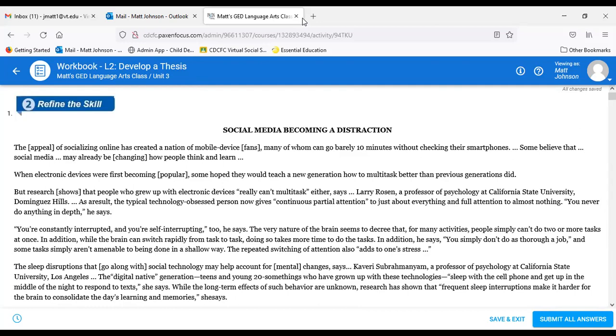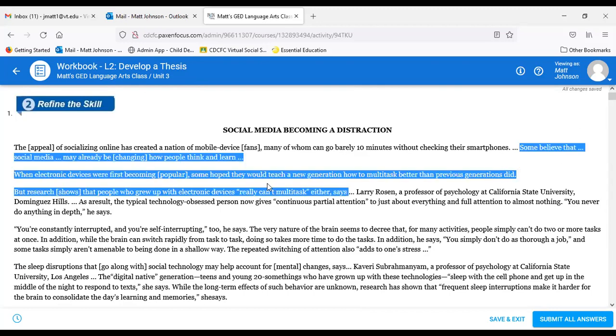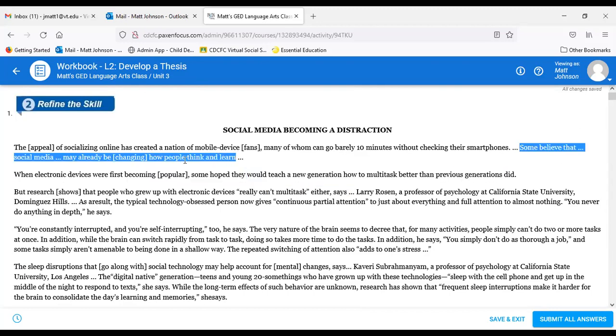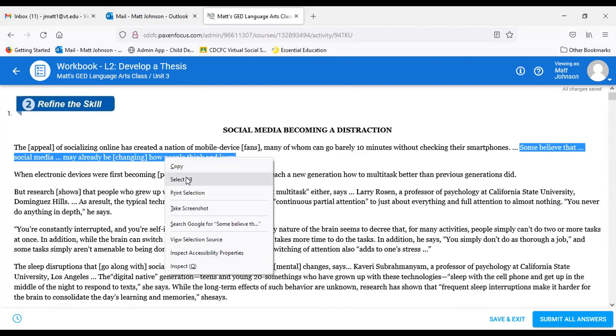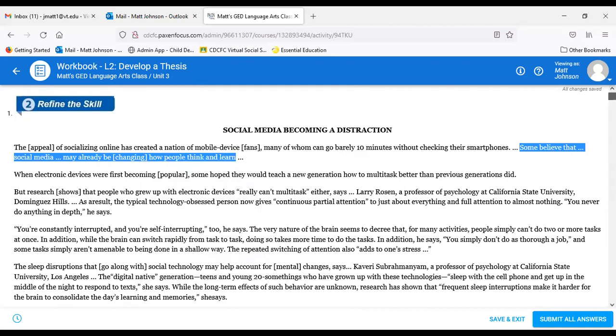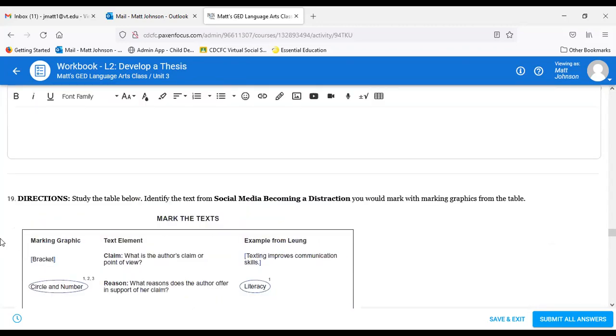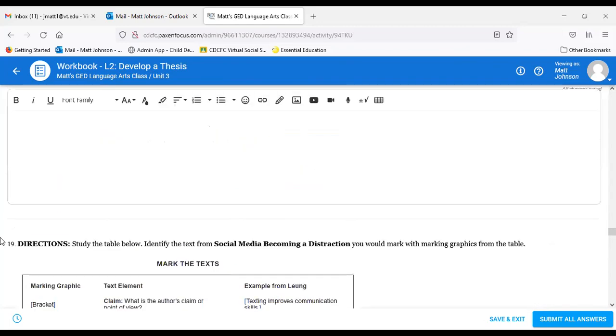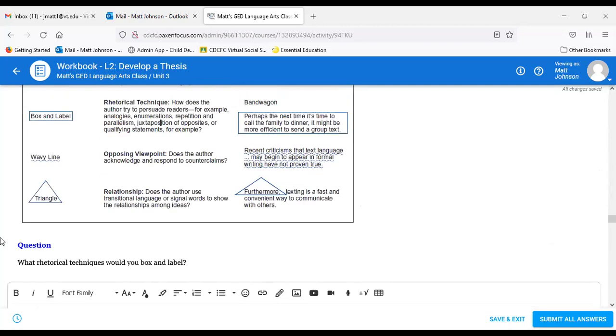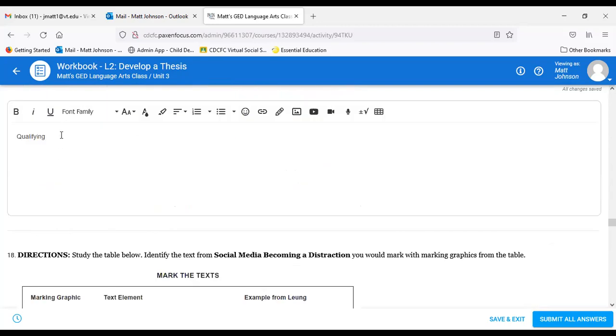So what does she say? Like, some believe that social media may already be changing how people think, right? That's an issue. Okay, let me find it here. Qualifying statement.